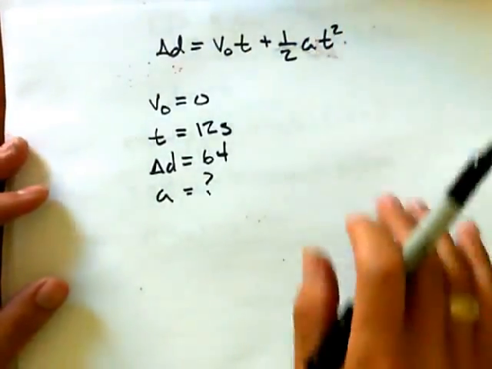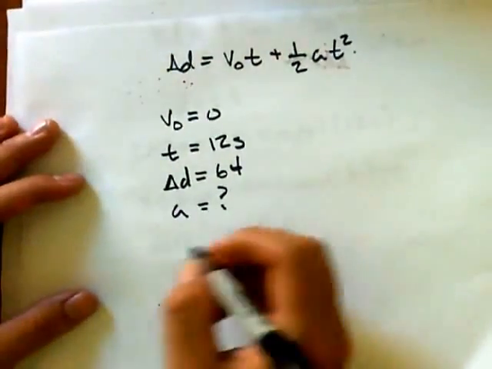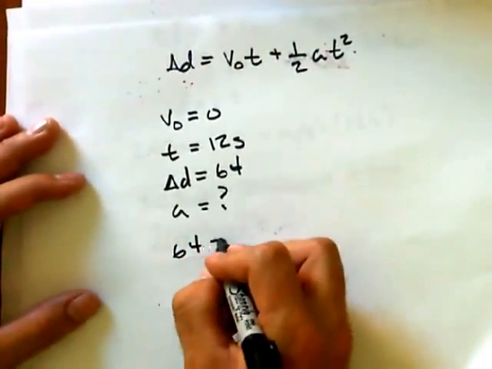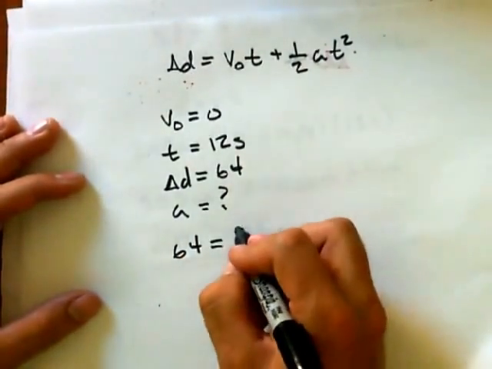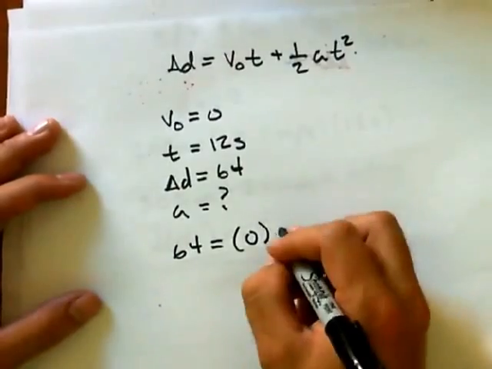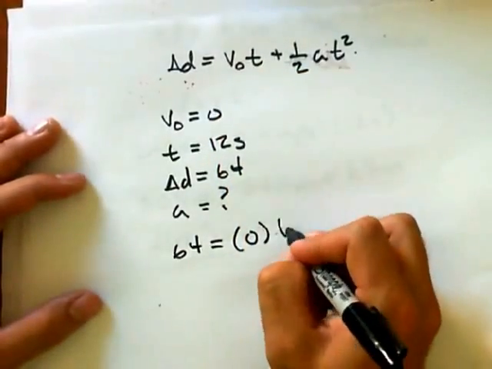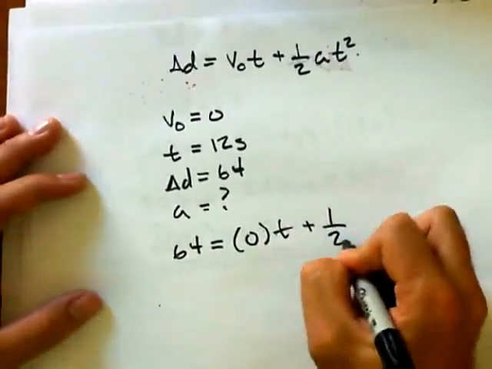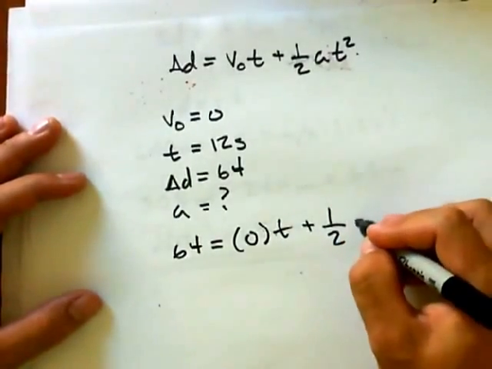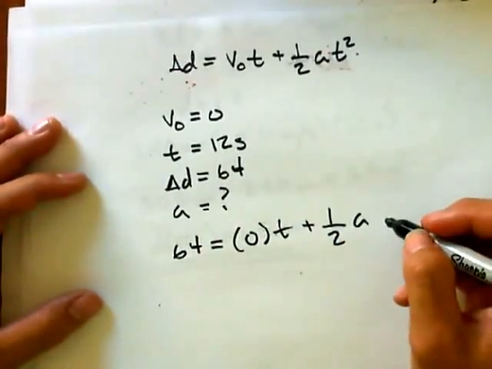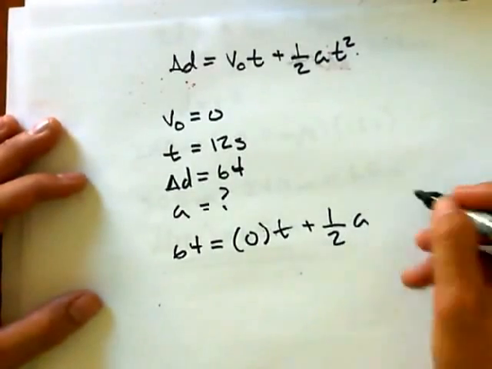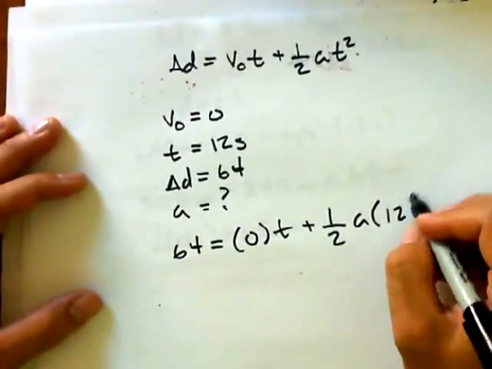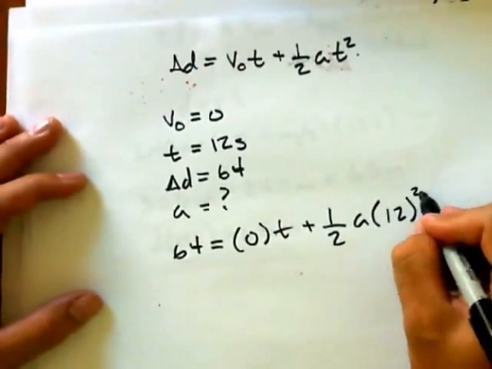All right, so 65, and then 0 for v naught. We have 1/2 times a, which is what we're looking for, acceleration, and then 12 squared.